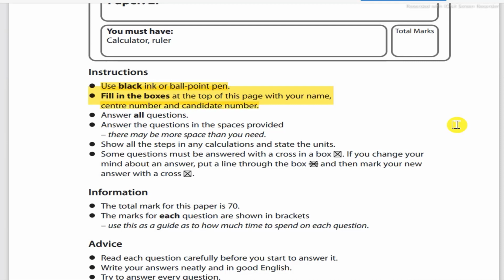Centre name, candidate name. Answer all the questions. Answer the questions in the spaces provided. There may be more space than you need. Show all steps in any calculation. State the unit.